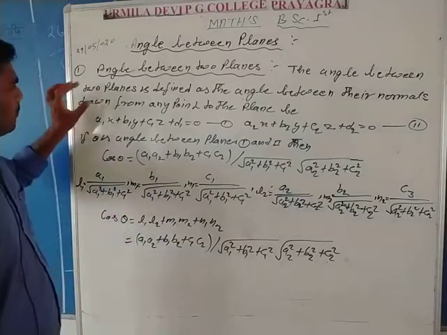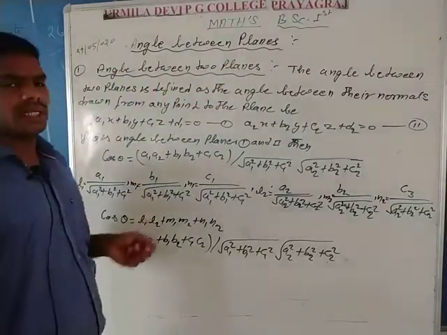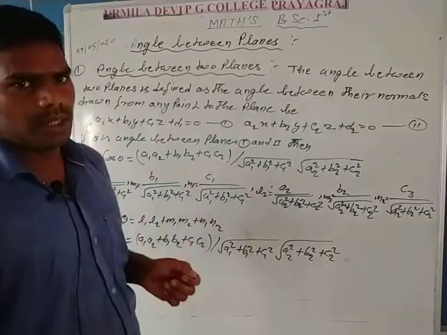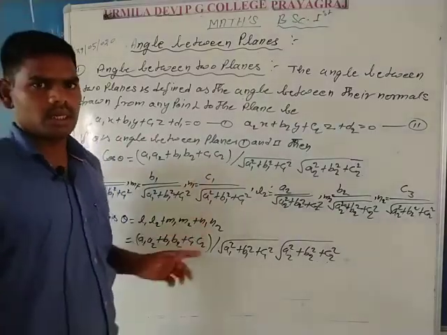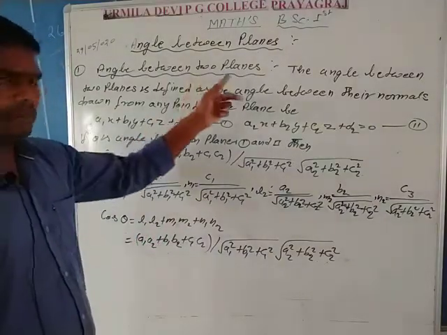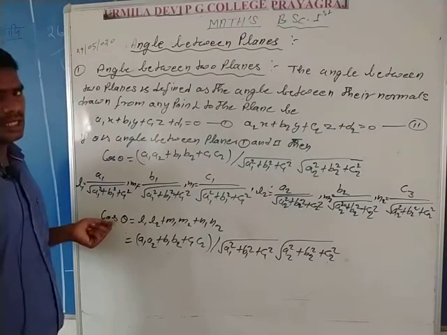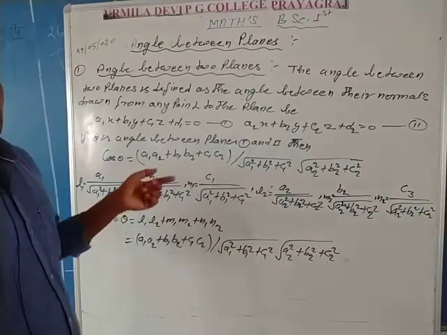But by the definition of the angle between two planes, if theta is the angle between their normals, then theta is also the angle between the planes. So the angle between planes is equal to the angle between their normals.